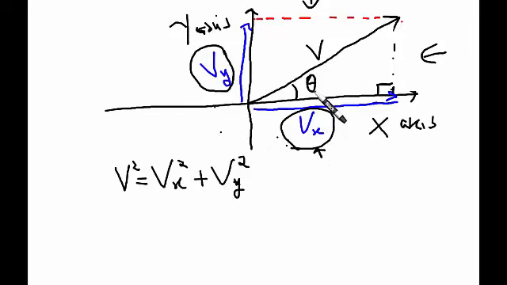vx is adjacent to theta, while v is the hypotenuse.